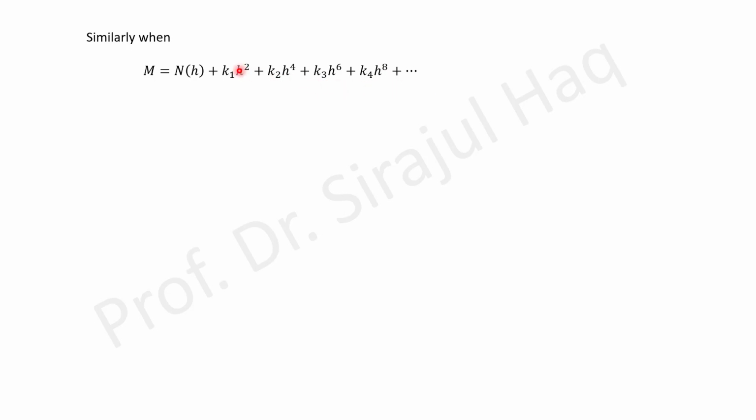But now if your formula is such that the error is changing in this order, the power of h is changing in this order. So it's changing by 2 if you look at it. Formulas are normally the midpoint formulas, they are of this type.